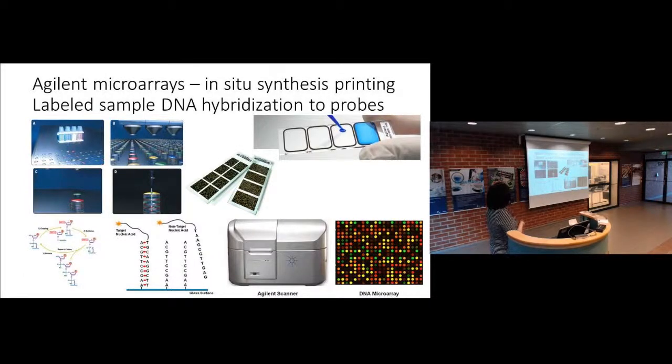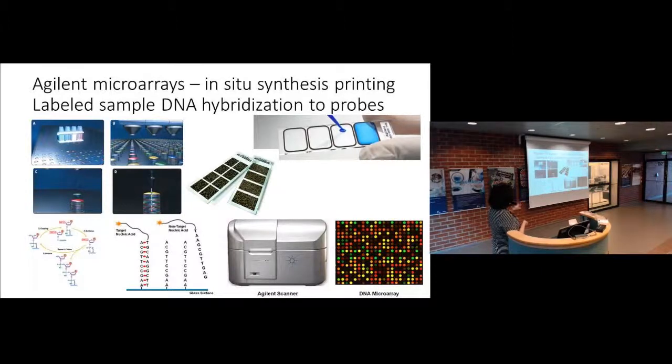But the principle in microarray is that you have synthesized or otherwise linked gene-specific probes, tens of thousands or hundreds of thousands of them, even millions of them, in these chips.